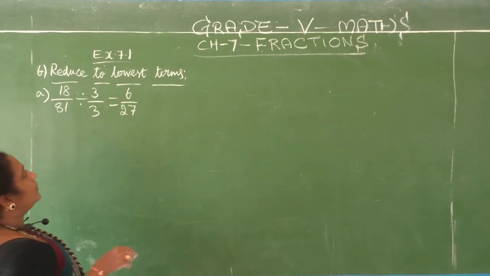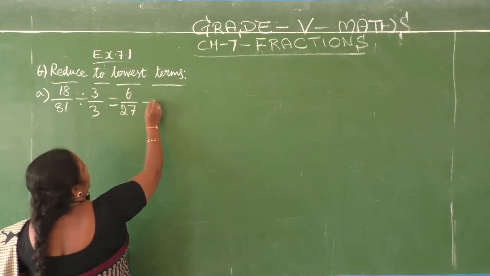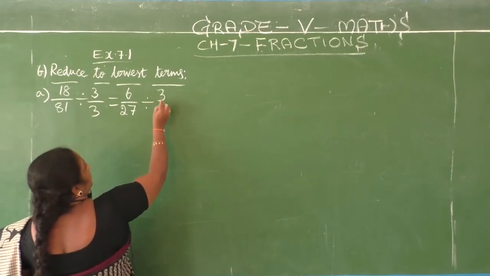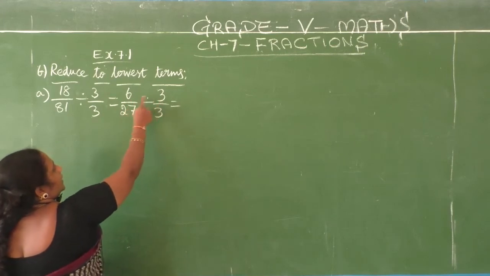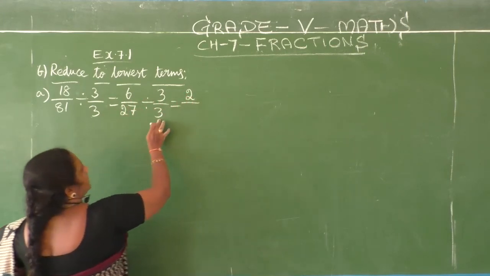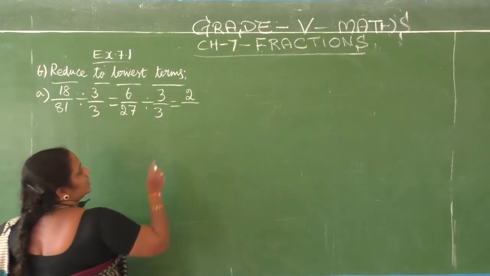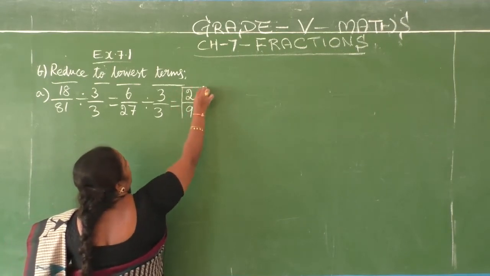What is the common factor of 6 and 27? Again we can divide by 3. How many 3s are there in 6? 2 times. Then in 27, 9 3s are 27. So 2 by 9.